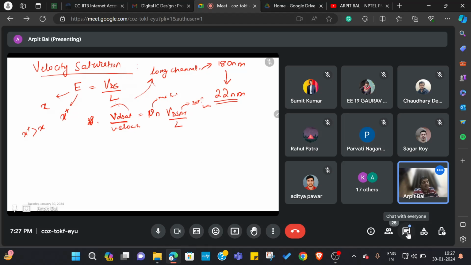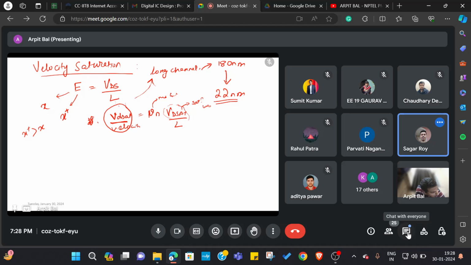This left hand side has a maximum value, it can't go beyond 10 power 5 meter per second. So there will be a particular voltage at which that velocity is obtained, and if I apply a drain voltage which exceeds this VD sat, there won't be any further increase in current.